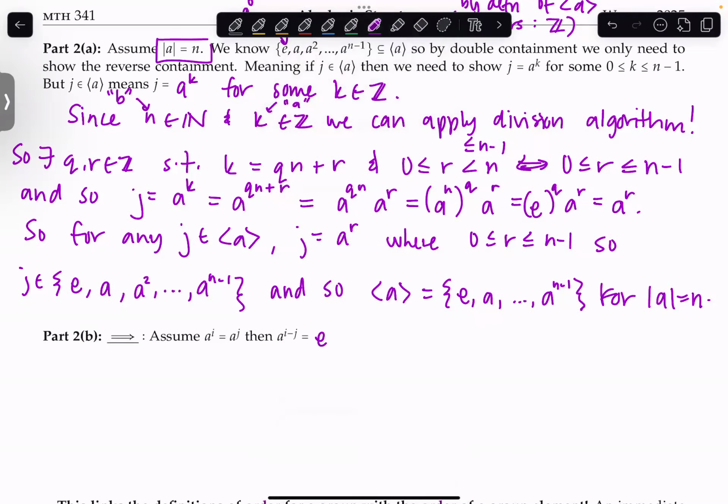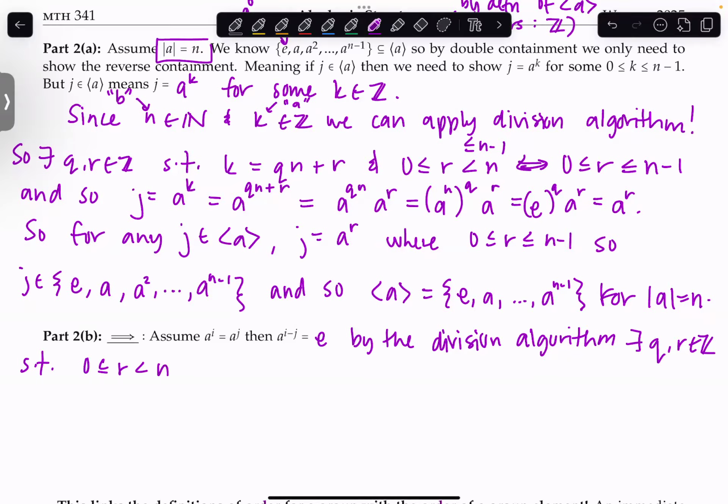Okay, and what we're going to do is use the division algorithm now on the power i minus j instead. So by the division algorithm, I know I can find a q and an r in the integers, where r is between 0 and n.